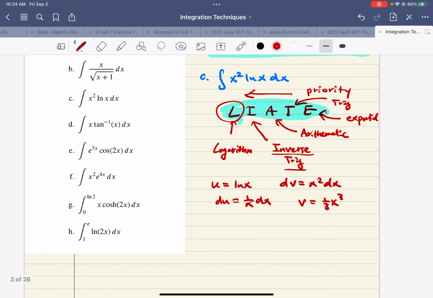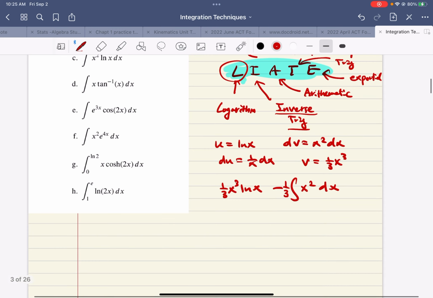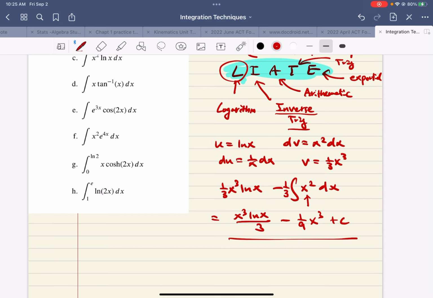Now uv, so 1/3 x cubed ln x minus the integral of v du. So one of the x cancels out, so 1/3 you can take out, x squared dx. So x cubed ln x over 3 minus, when you do the power rule on this portion here, 1/3, but you have another 1/3 outside, so 1 over 9 x cubed plus c. Then that will be your final answer.